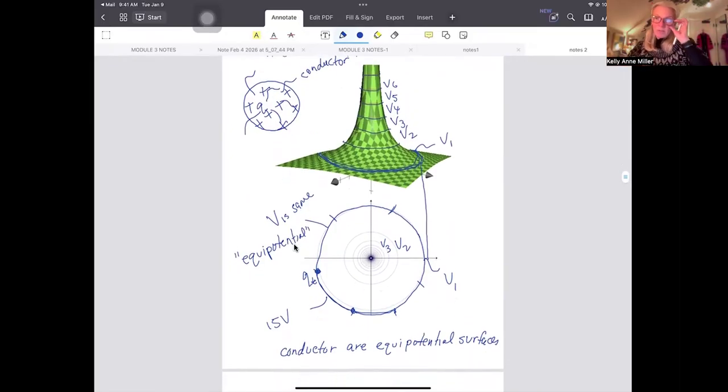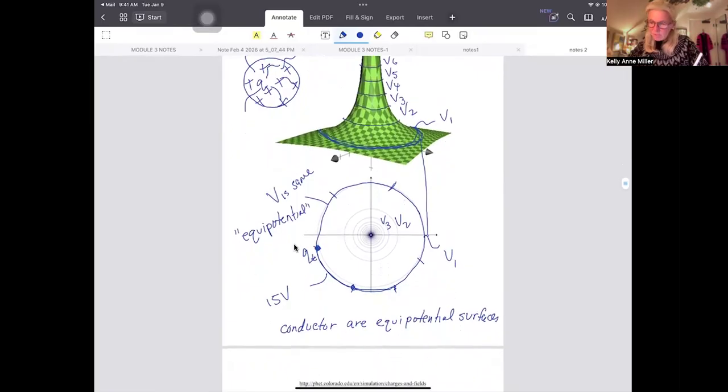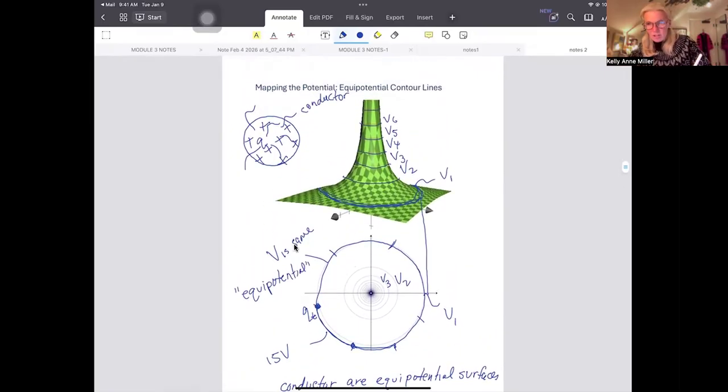Another thing to realize, and this maybe came up when you were building your electroscope, is if you have a conductor, a conducting surface, and I connect it to the ground, then by definition, that conductor is at a potential of 0 volts, which is the same potential as the ground.